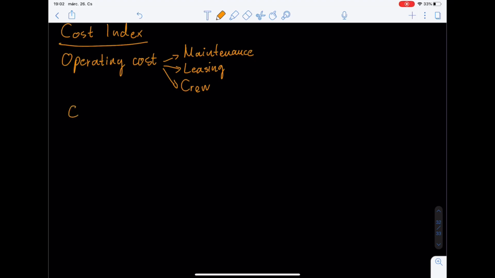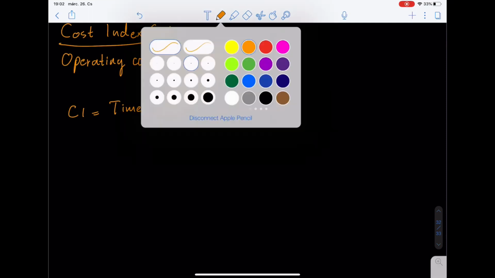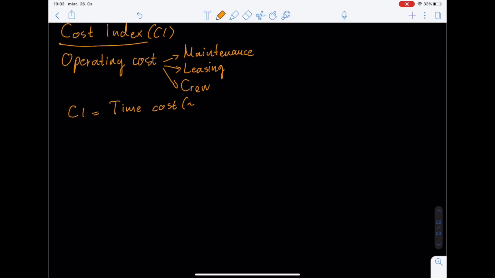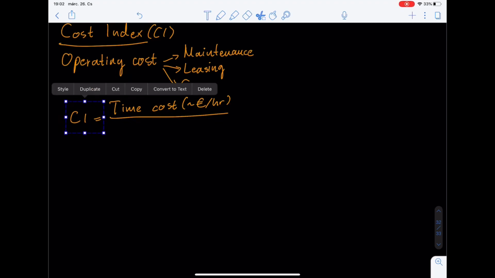CI is the time cost, which is approximately measured in, for example, euros per hour. And let's just move this a bit lower so it makes sense, like this.